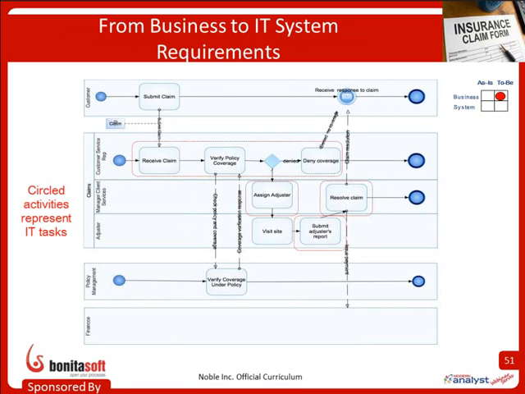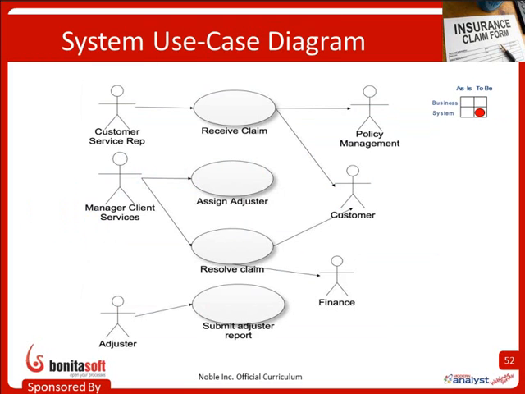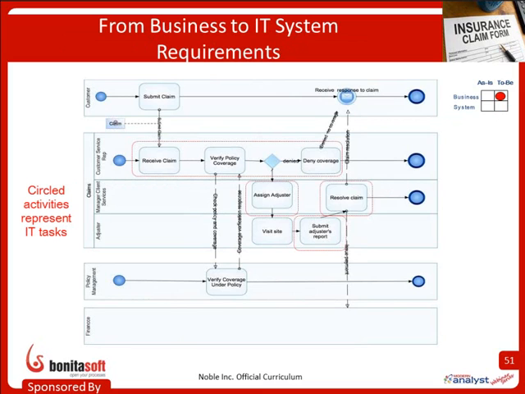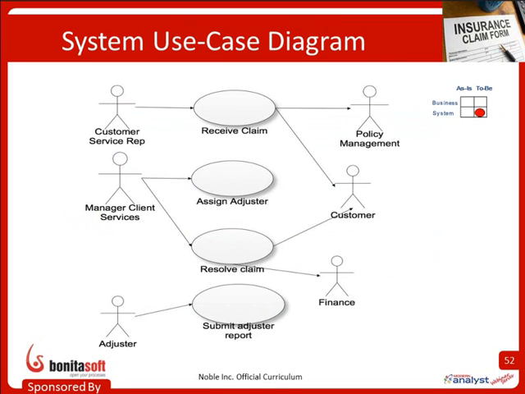So now when we look at those little red symbols, we now see where the IT solution lies. And I've taken every one of these red circles here and replaced it now with an oval in the system use case diagram. And the swim lane label from this diagram, manager, client services, customer service rep, and so on, that appeared there, they're actually the users who kick off the various use cases.